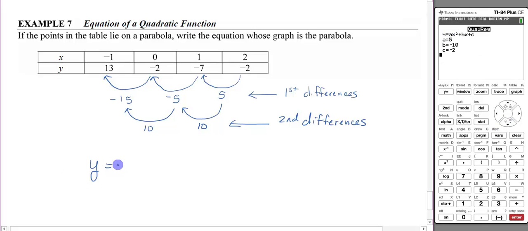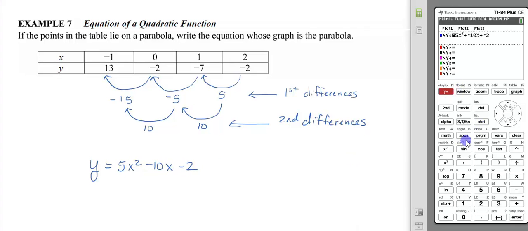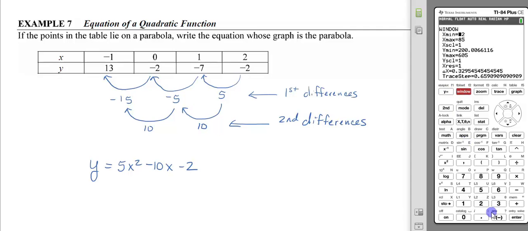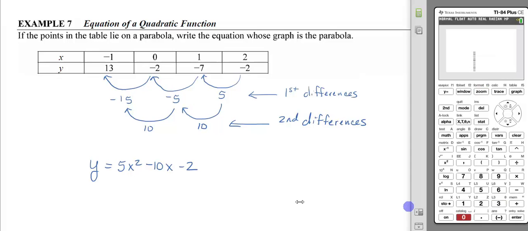y equals 5x squared minus 10x minus 2. You can even see it there in your picture. Let's set our window from -2 to 3 so that we can see the data points in this table. So we'll do a zoom fit.